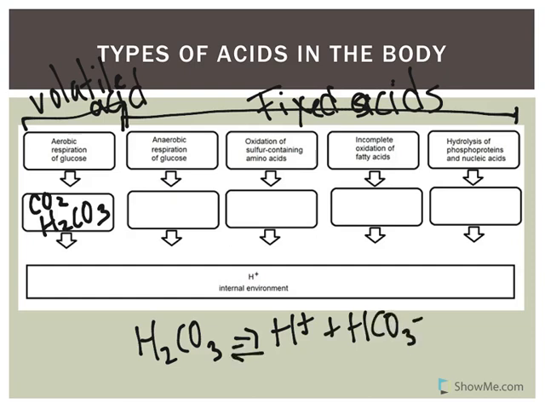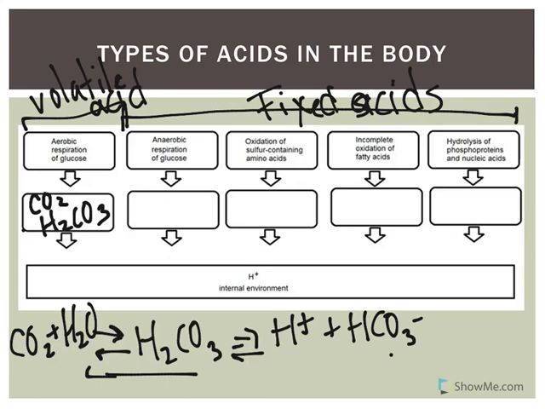And actually, I'm going to write this equation. You're going to see this equation many a time. Carbon dioxide can combine with water to form carbonic acid, which then can readily dissociate into hydrogen ions and bicarb, and vice versa. It can go in either direction. So this one's considered a volatile acid. The other ones are considered fixed acids.